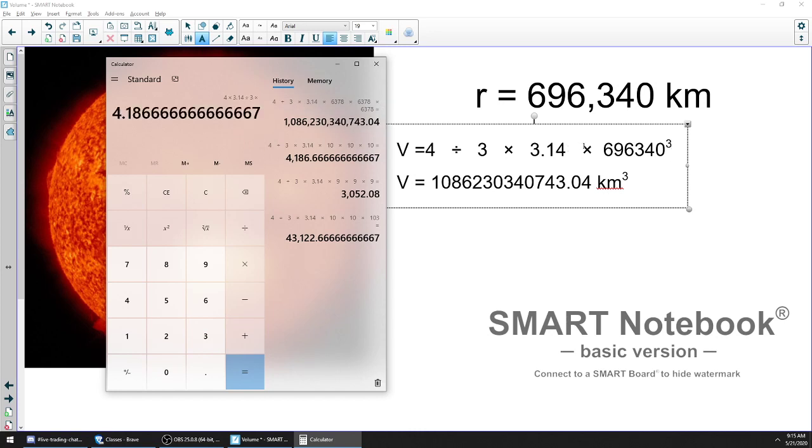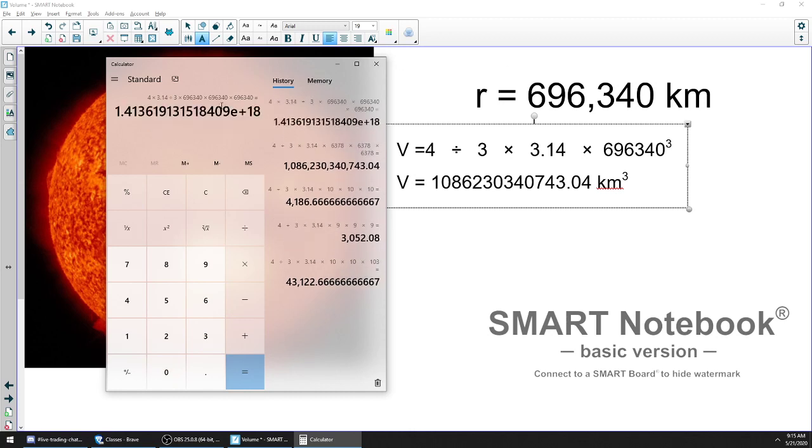Times 696,340 times 696,340 times 696,340. It's so big that it would take 18 digits.